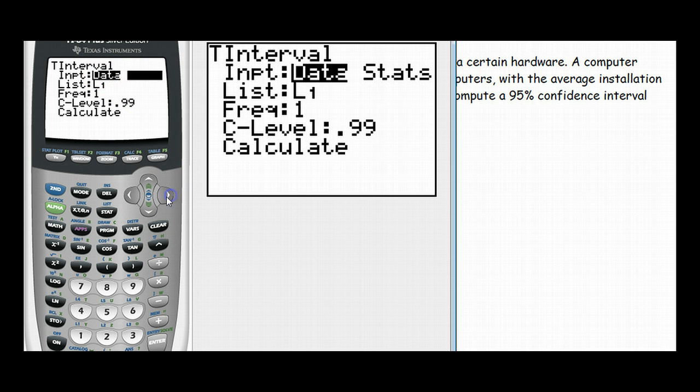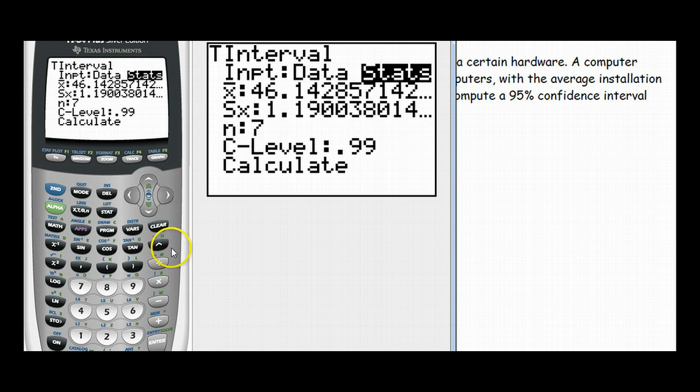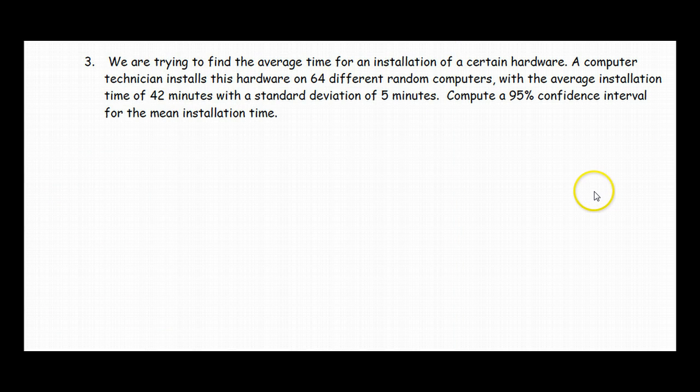Last time we did data, this time we're doing stats. They didn't give us data this time. Our X bar was the average. I had an average installation time of 42 minutes with a standard deviation of 5 minutes.